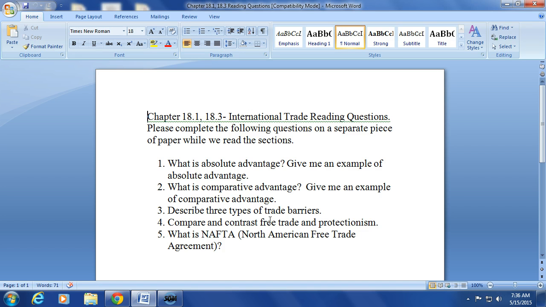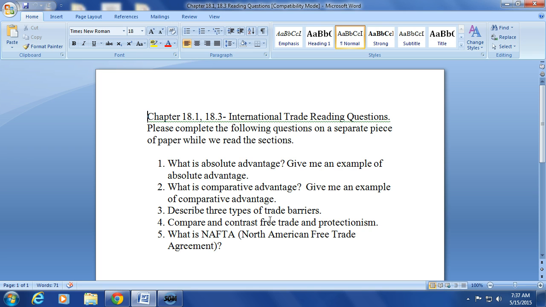And in order to fully understand this, you need to understand a couple of concepts. The concepts are absolute and comparative advantage. So, absolute advantage, if you look on page 428, the book says a nation has an absolute advantage in producing a certain good when it can do so with greater efficiency than can its partner in trade.